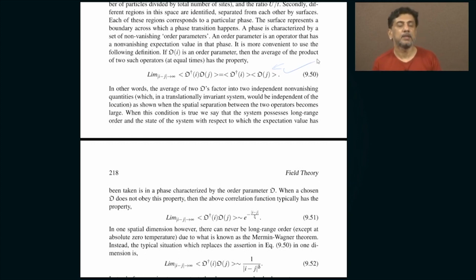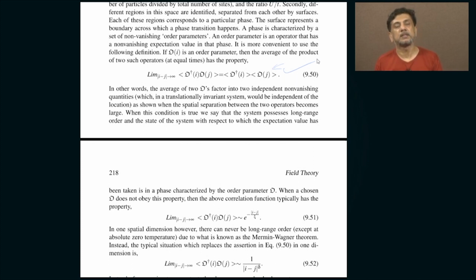Only then can you say that the system has an order described by that order parameter. Only when you are successful in verifying 9.50 can you say the system has a well defined order, and you can label that phase by that particular order parameter.